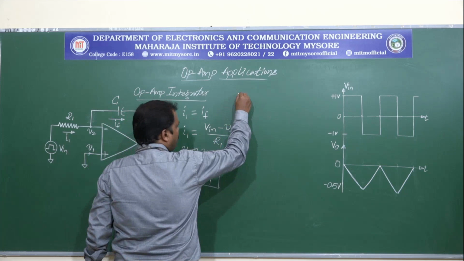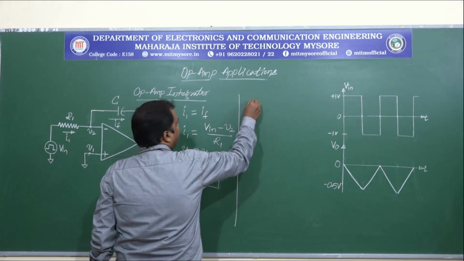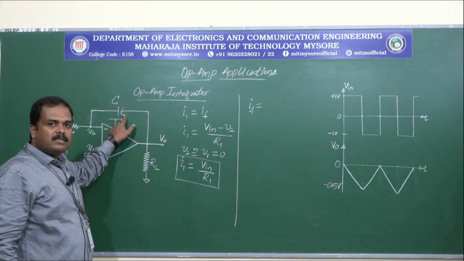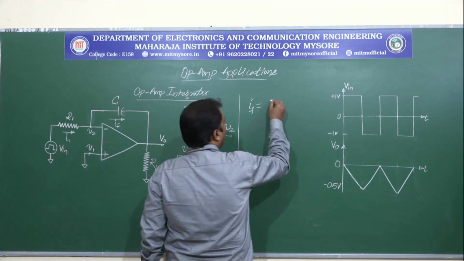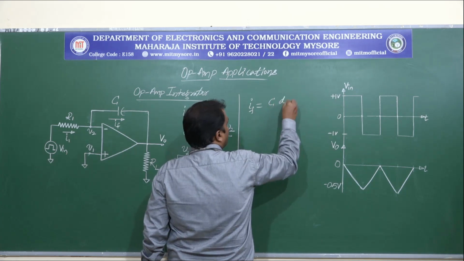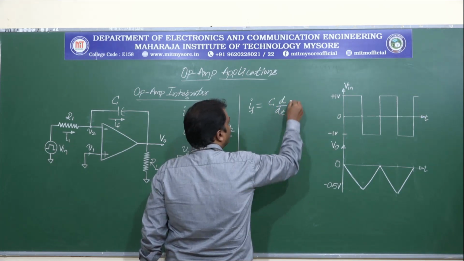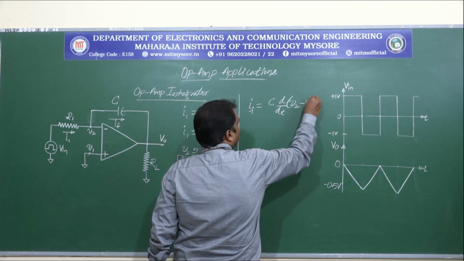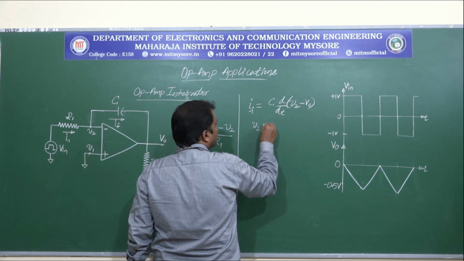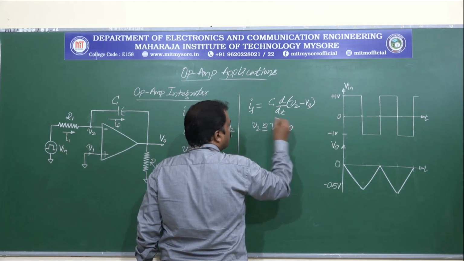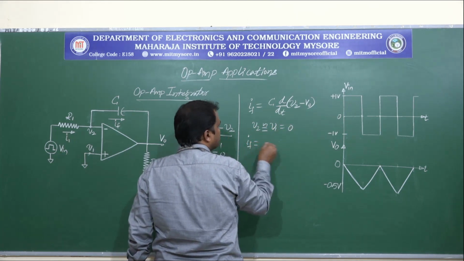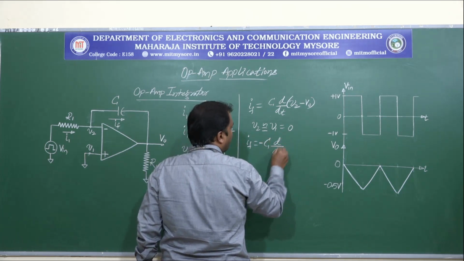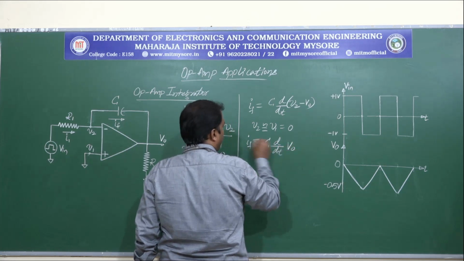Now coming to the feedback path, IF, which is charging this capacitance C, can be written as C into d by dt of the potential difference, that is V2 minus V0, and V2 is approximately equal to V1, which is equal to 0. So IF is equal to minus C into d by dt of V0.